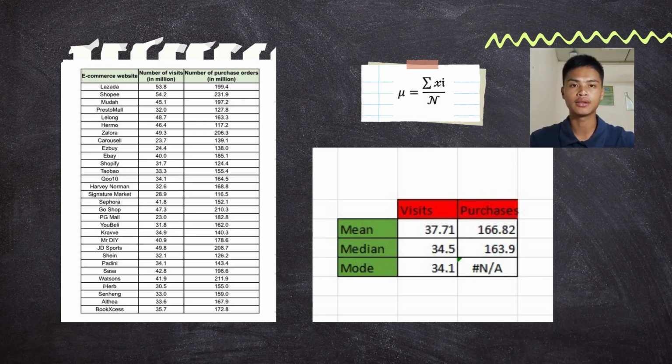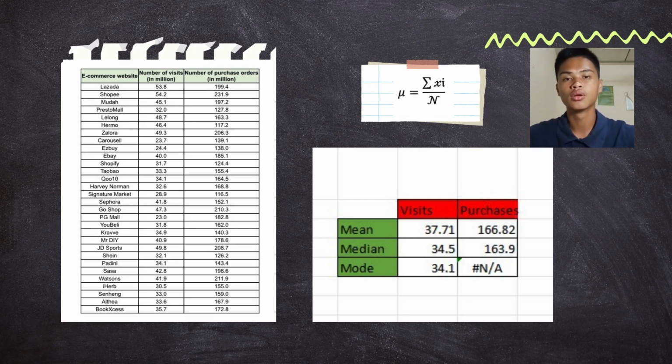To find the median, we need to find the middle number from the total number of values. So first we change the data into ascending order from smallest to largest, and then find the middle number.